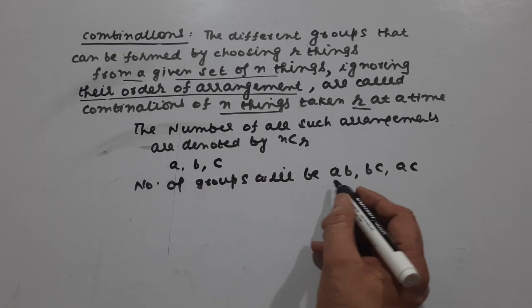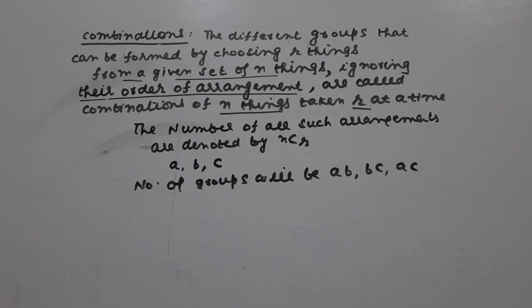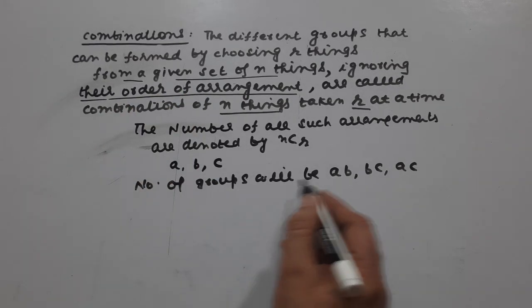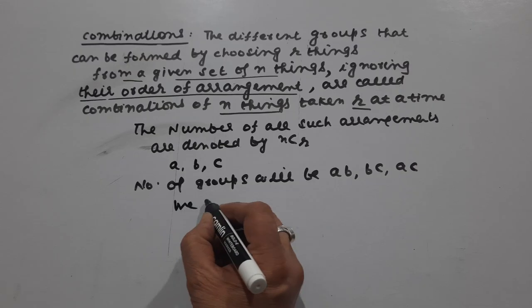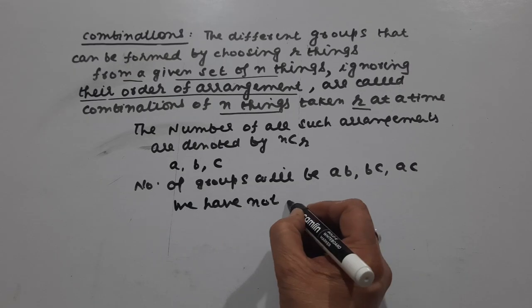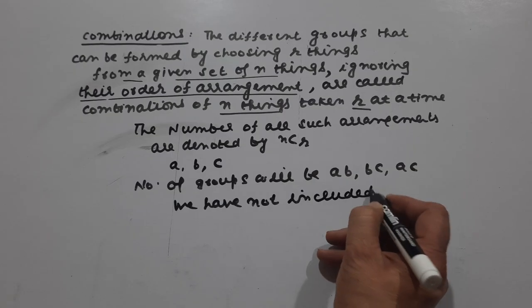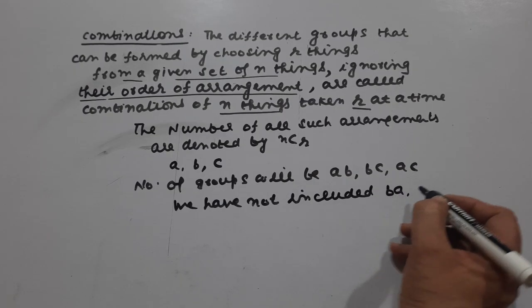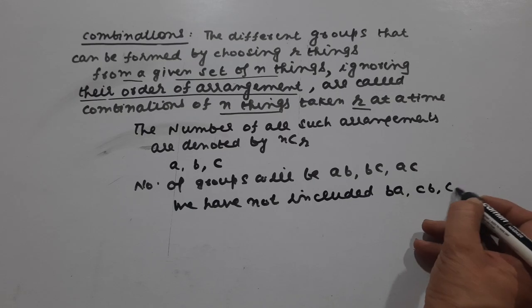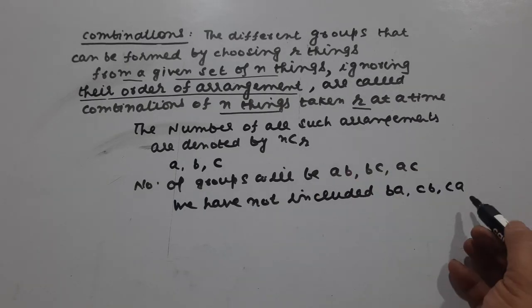Now students, here we have written ignoring the order of arrangements. So here we have not included BA, CB and CA, because in combination we have to ignore the order of arrangement.